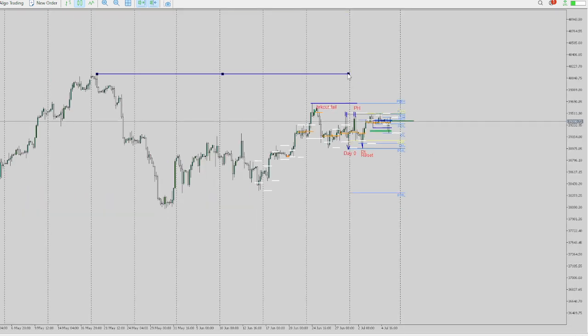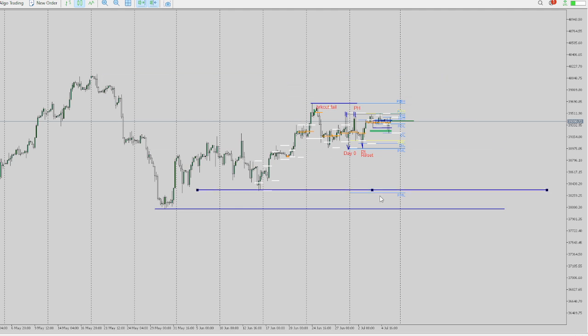Looks like we still have a ways to go. I'm going to extend this out. I'm going to put that up there. And then I'm going to get this area down here. Looks like we're just inside of a forever range.